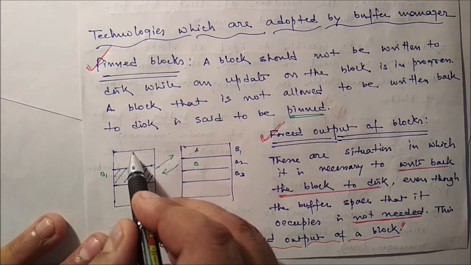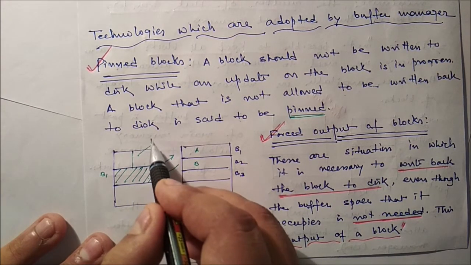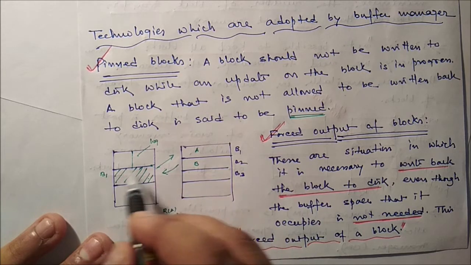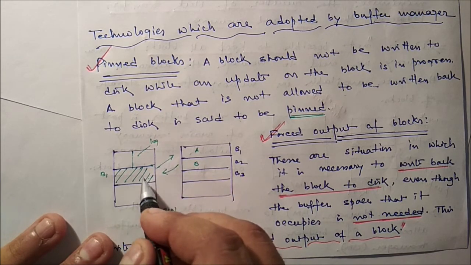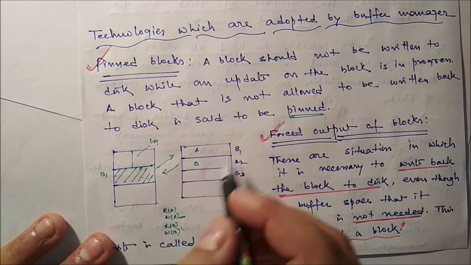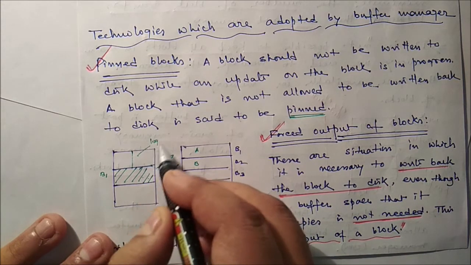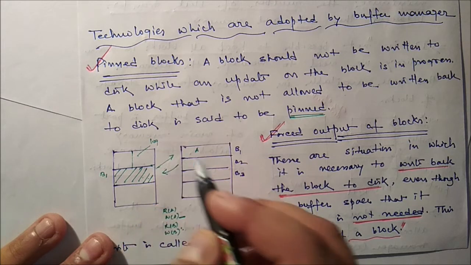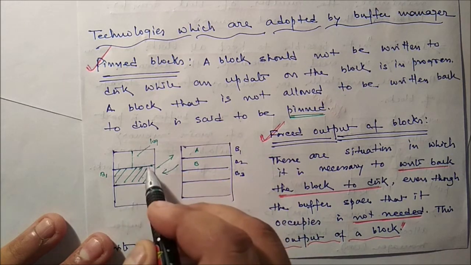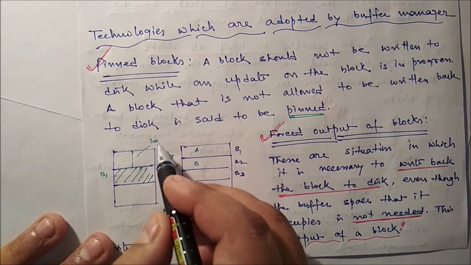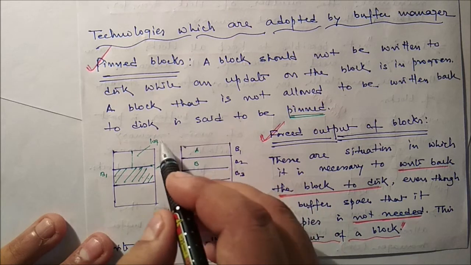There is a log file where the database activities are stored. Before transferring this block, the database system must store the log on disk permanently. The log is nothing but a record of the activity of the database, and it must be stored in stable storage, or on a disk.